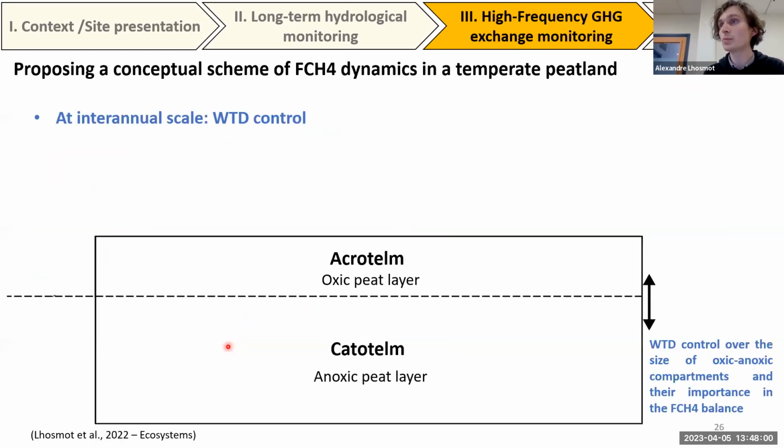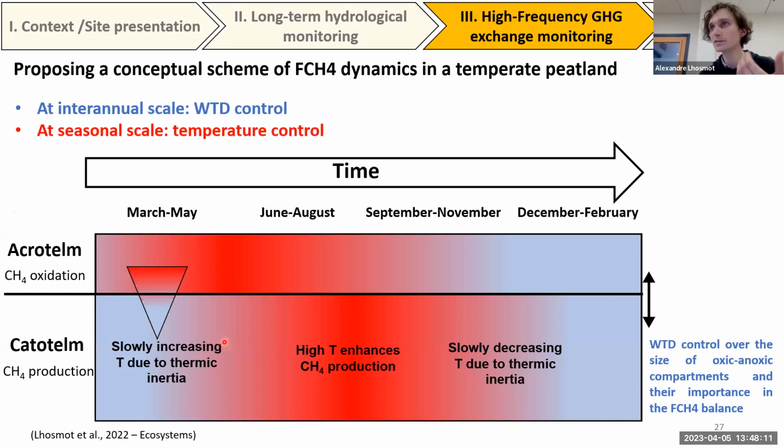So to sum up these elements, we show that at the interannual scale, the water table depth controls the size of the acrotelm and catotelm, and so the methane emission. At seasonal scale, there is a big control of temperature that allows us to explain the negative fluxes at the surface during spring, because of the highest increase of temperature at the surface and slow increase due to thermic inertia at depth.